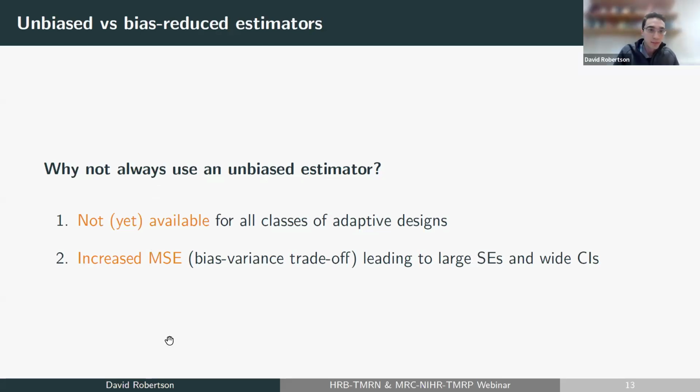So it's not always the case that we necessarily want to use an unbiased estimator, but as already seen, there's perhaps a steer from regulators that if it's possible to use an unbiased estimator, they are preferred. In any case, I think it's still really important to look at this bias-variance trade-off when choosing an estimator to use in practice.